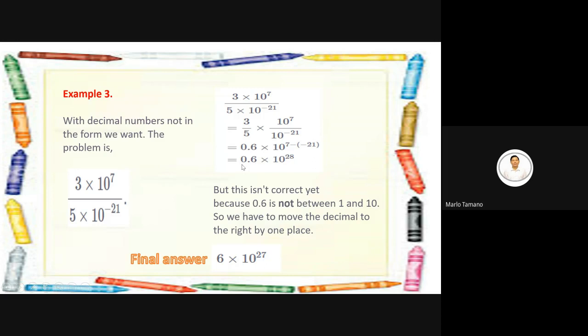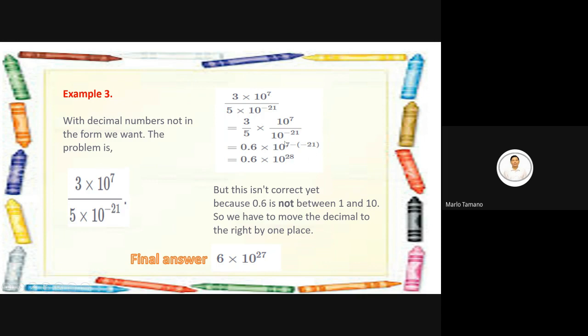Okay? O tignan nyo yung denominator ninyo na base 10. Diba negative 21? Siyempre, ina-negative 21 nyo rin. So, 7 minus negative 21. Anong sagot ninyo dun sa 7 minus negative 21?